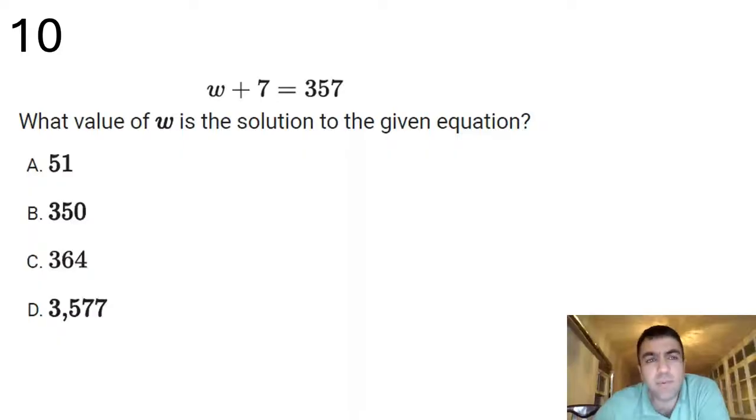What value of W is the solution to the given equation?